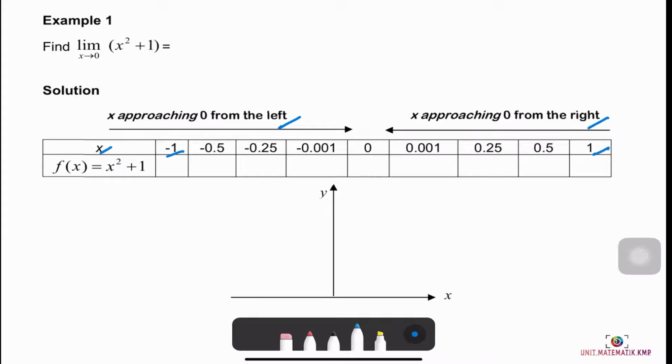For instance, when x equals -1, we have f(-1) equals (-1) squared plus 1, and this one is 2. So we write 2 here. Next, when x is -0.5, we have 1.25.